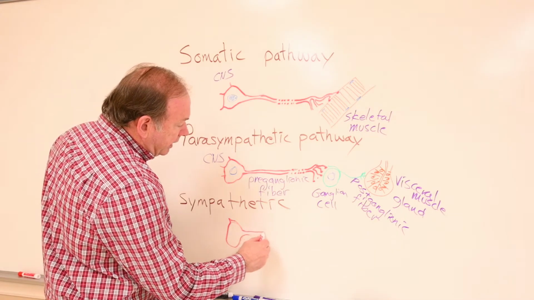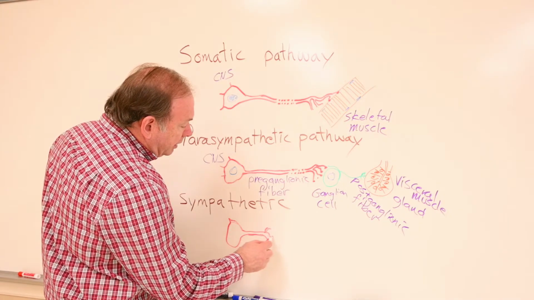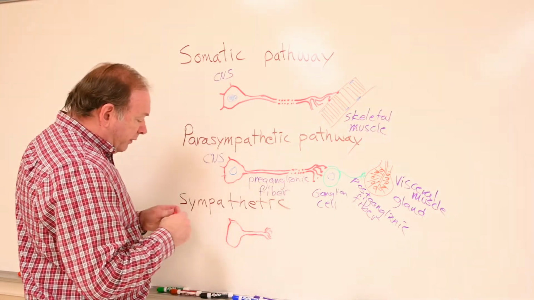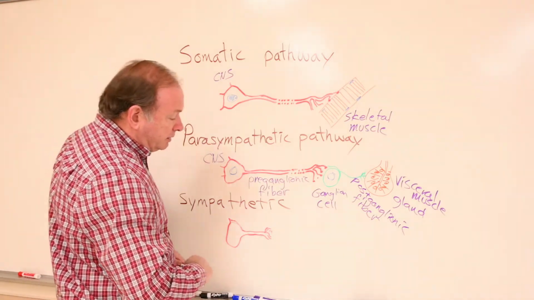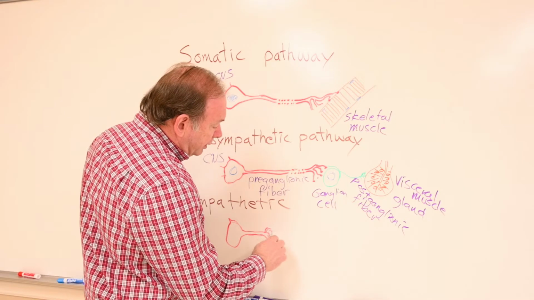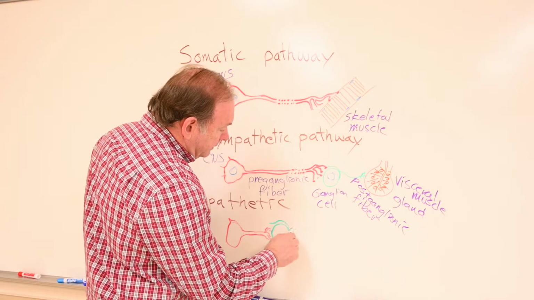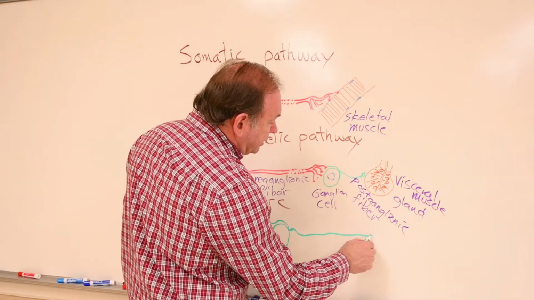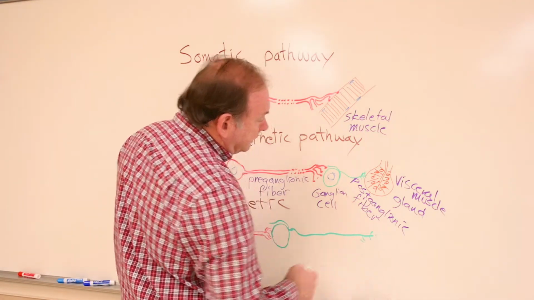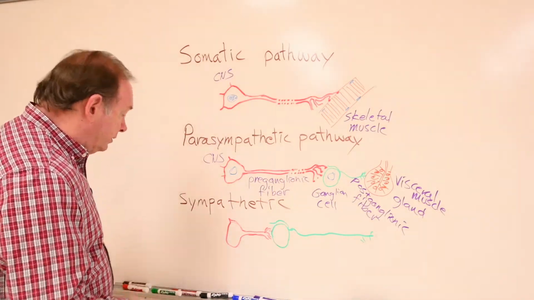It sends out an axon fiber, but it doesn't go nearly as far before it meets up with the ganglion cell. So here's our ganglion cell here. And that ganglion cell will send out a long postganglionic fiber to reach to its effector.